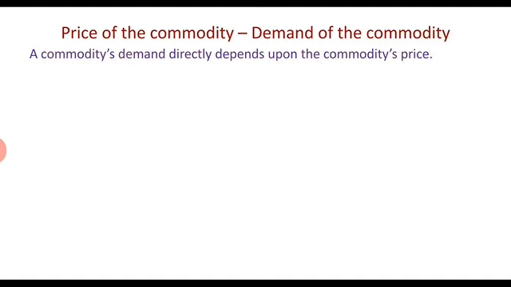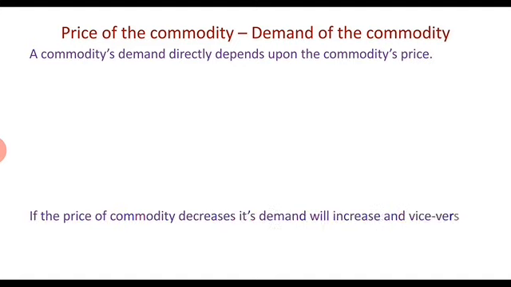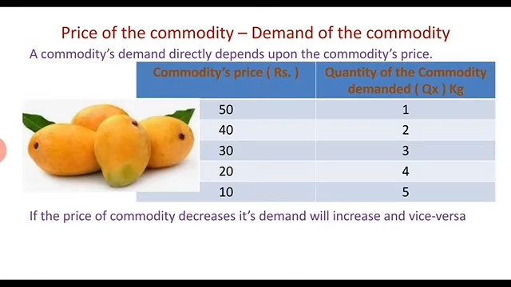Price is the most important determinant of demand. A commodity's demand directly depends upon the commodity's price. Here we observe a table. In this table, price of mangoes per kilo is 50 rupees, demand is 1 kilo.